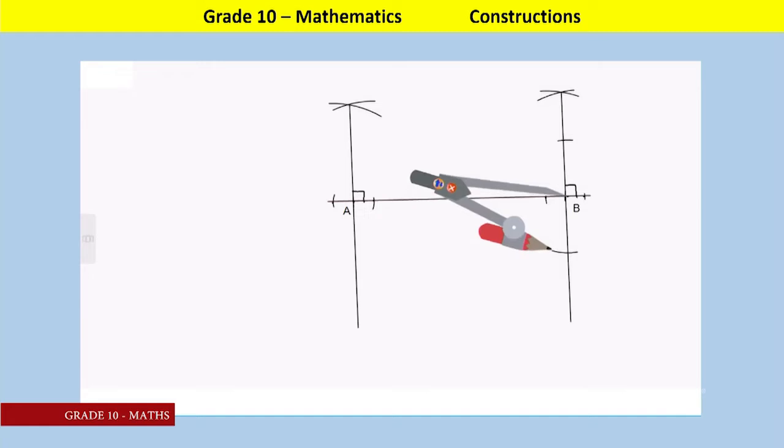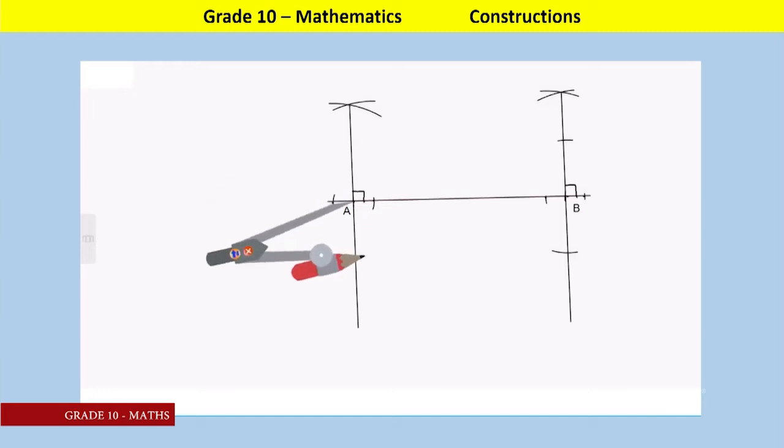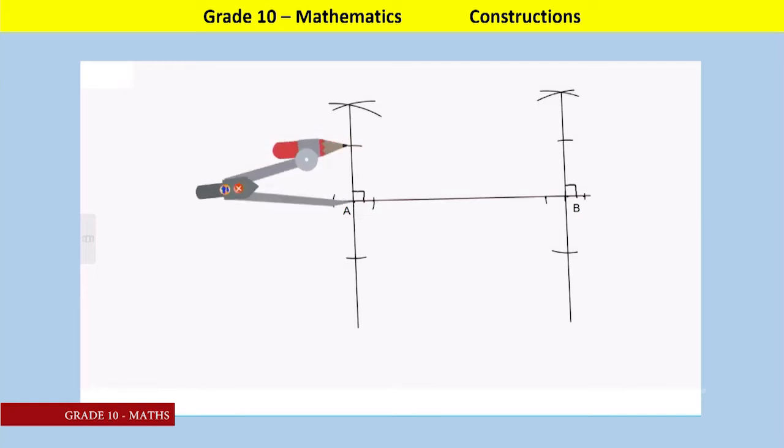We can find another point on the other side. Just in the same way, we can find 2 points 3 centimeters away from A. Here we found 4 points. Let us join 2 points.